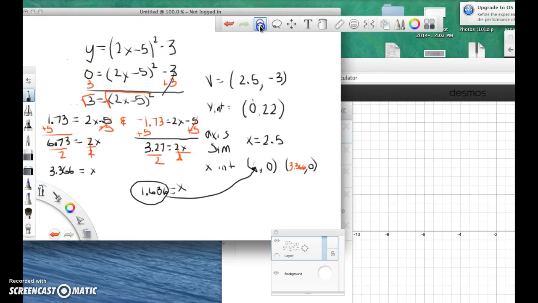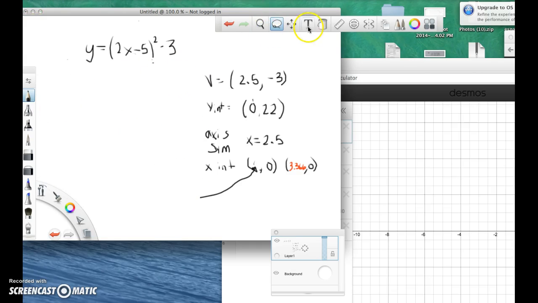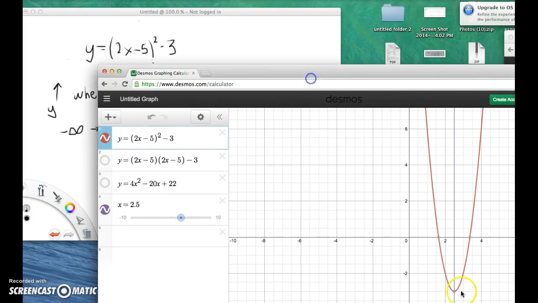So the point of it is that, and I'm going to put a function notation here. Excuse me, interval notation. The graph is decreasing. That means the y's are going down when x is some very, very big negative number, all the way to right here when x is 2.5.